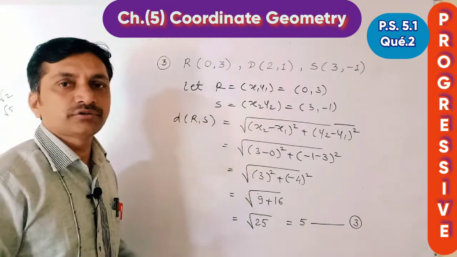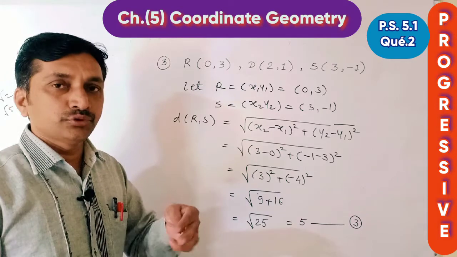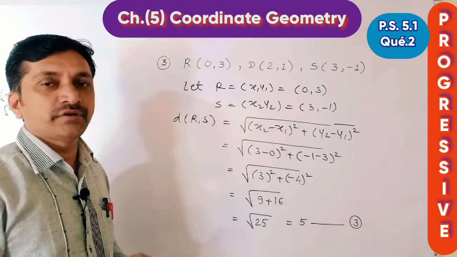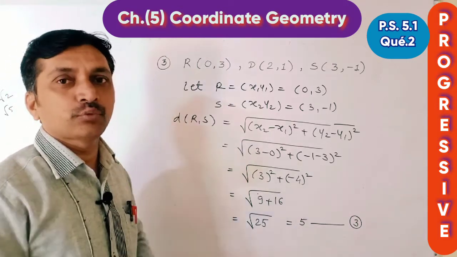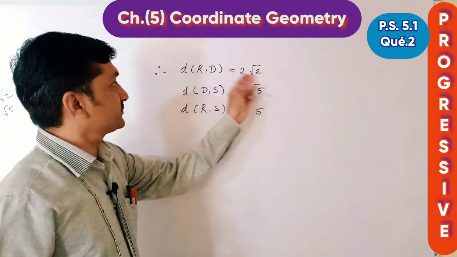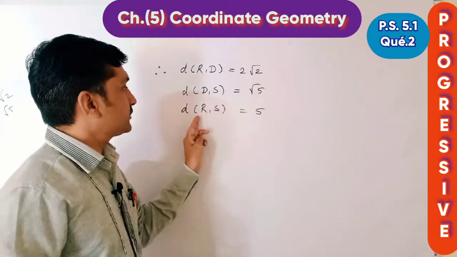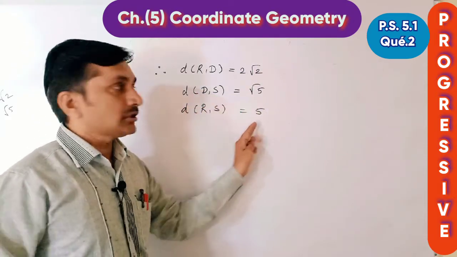In this way we got all three distances. Now let's check if we add any two, do we get the third? If yes, then points are collinear. If no, points are not collinear. Here we got these three distances: distance RD is 2 root 2, distance DS is root 5, and distance RS is 5.